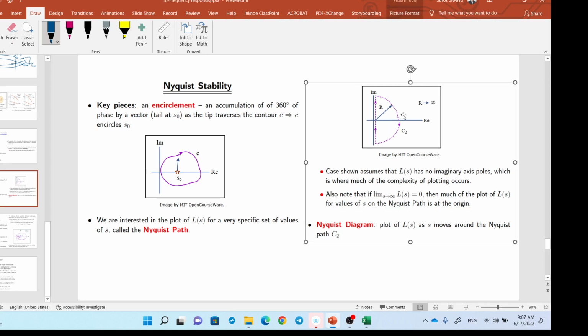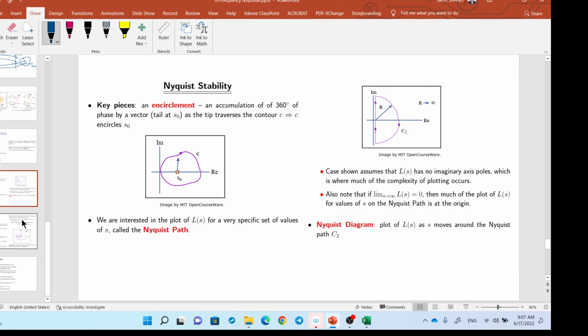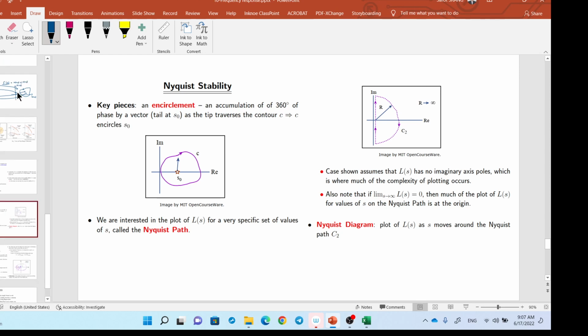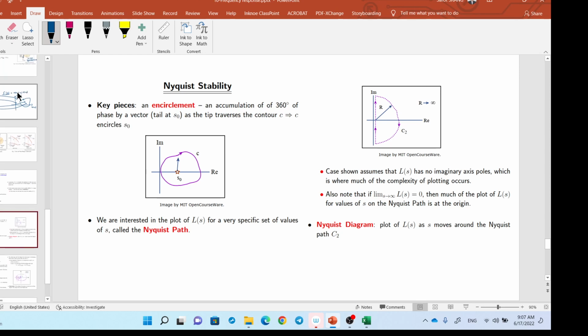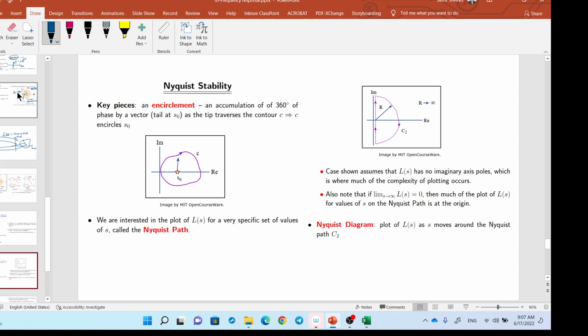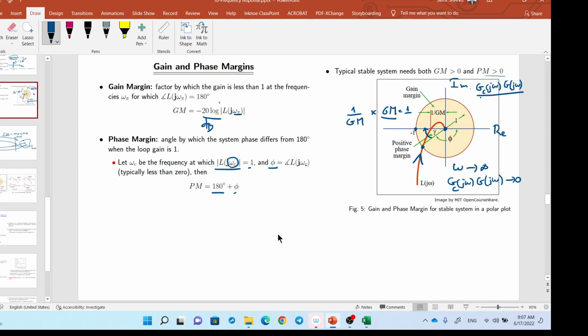I copy this one too. So I need to draw here. If I don't explain this term, I think it's really hard to understand.